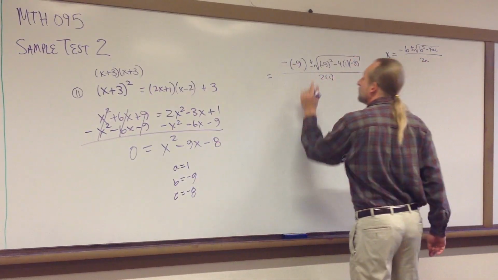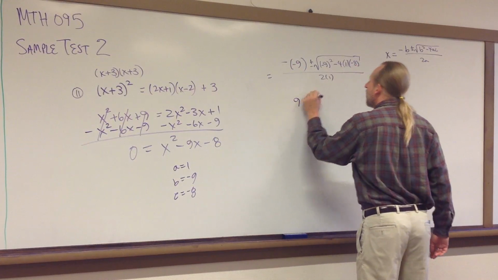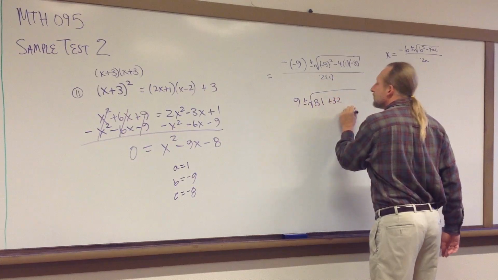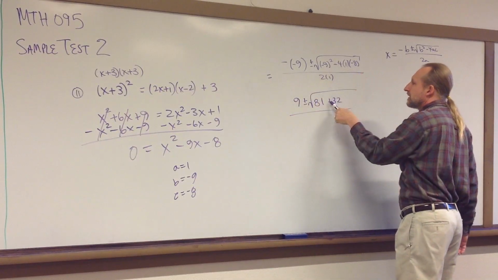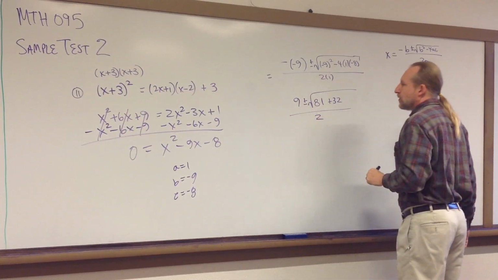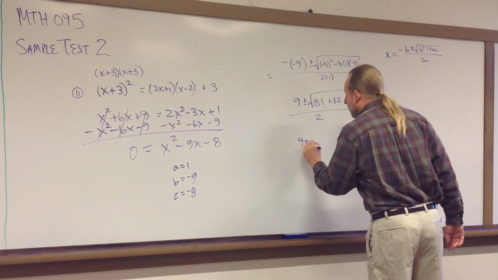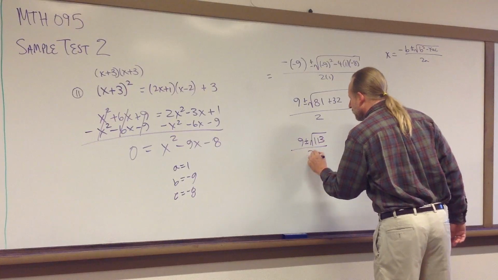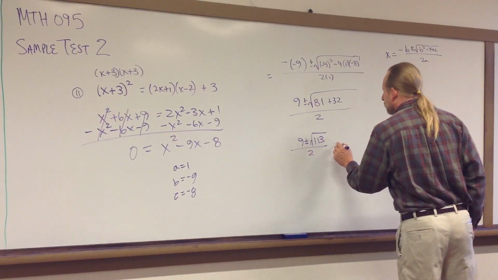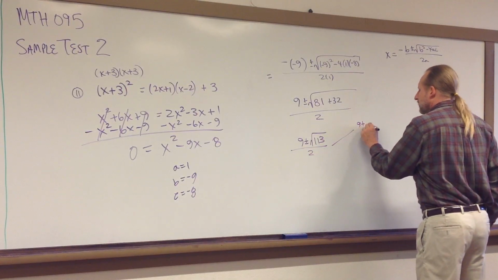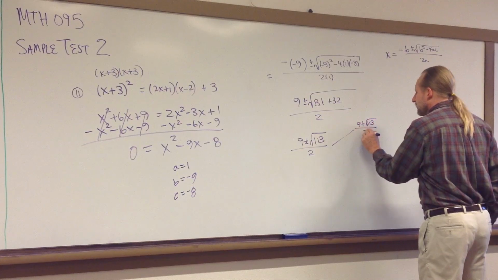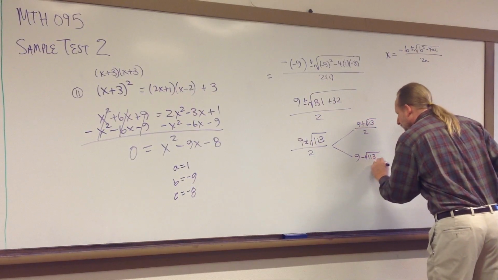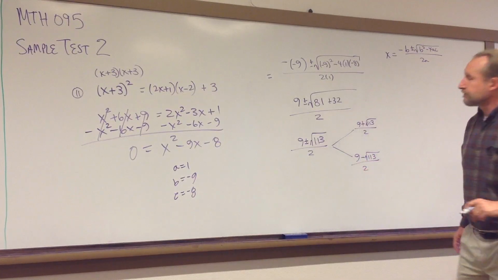All right, so this will be positive 9. And then we'll get 81 plus 32, right? This negative and this negative make a plus, over 2. So 9 plus or minus square root of, looks like 113 over 2. So 9 plus square root 113 over 2, and 9 minus square root 113 over 2.